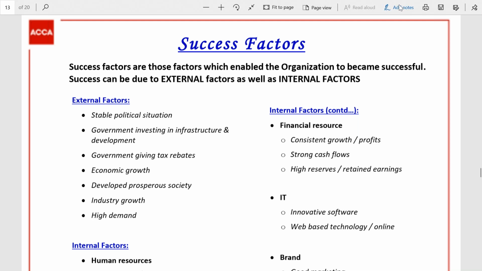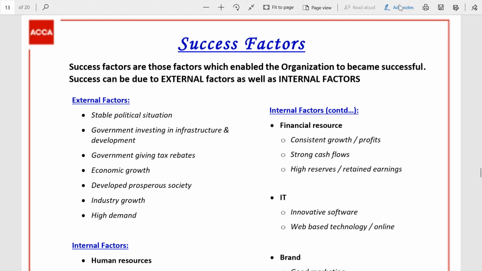Success factors can be both external factors and internal factors. Can you think of 3 examples of external factors? I give you 10 seconds.